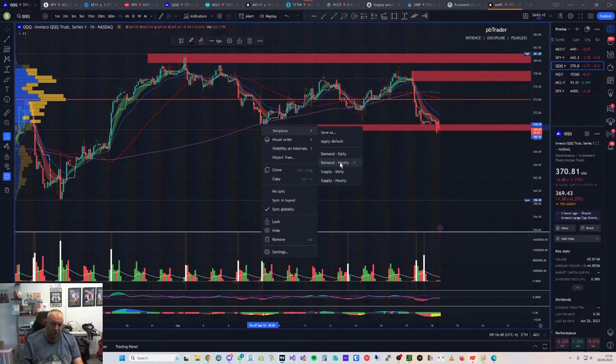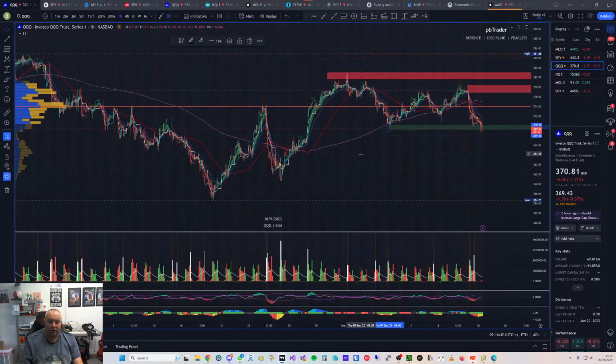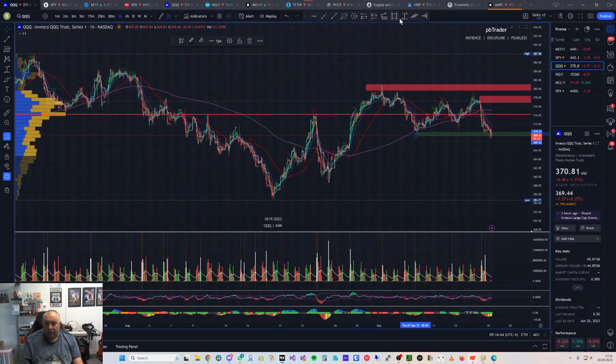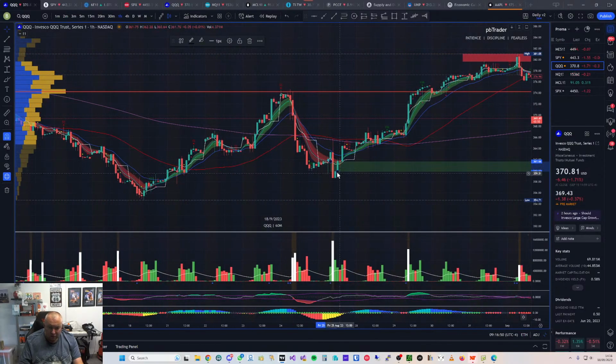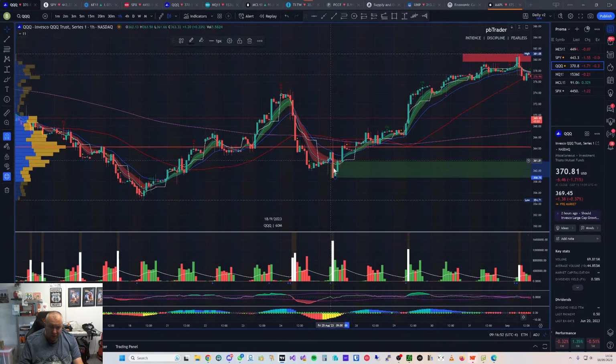So demand hourly, and I like to do this because it just lets me visualize what we're seeing. So we've got this area here. Again, there's a big candle, and I would probably just use the previous day. And we've got one more zone.